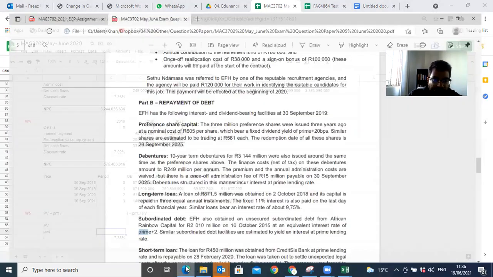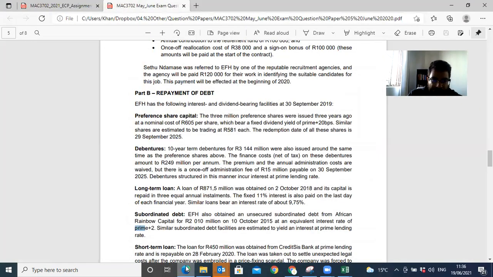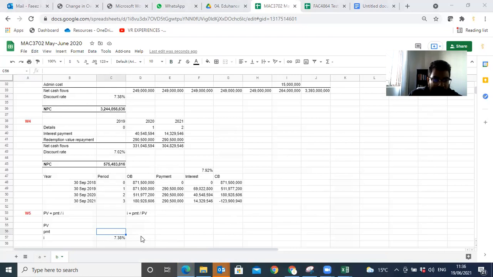The nominal value is 2 billion, and the equivalent rate is prime plus 2. So it is going to be nominal value times coupon rate. But now remember, because our I is after tax, we must also multiply it by 1 minus T. If I is after tax, PMT must be after tax.